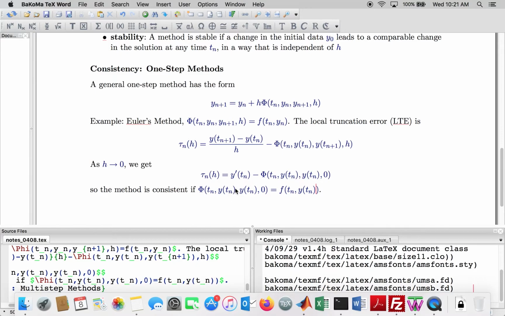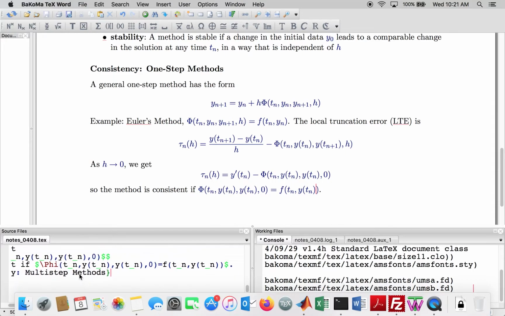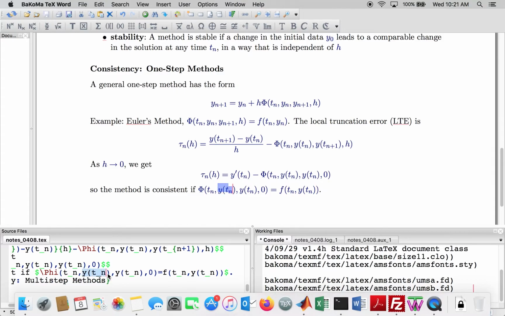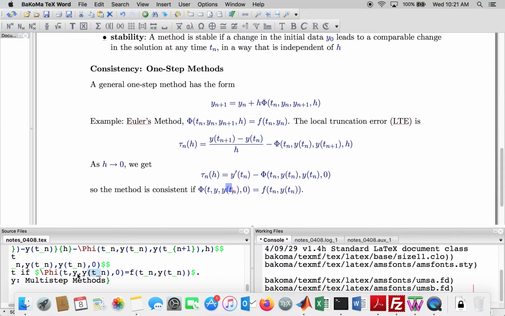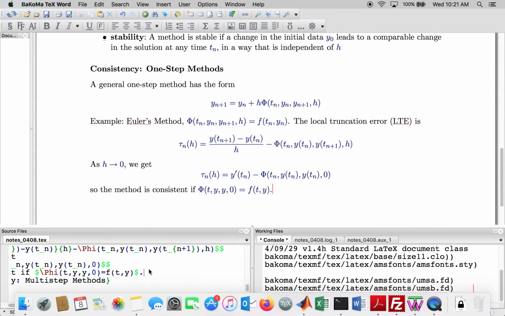All right. So really, I can be a little more general about this, since y could be anything based on the initial data. So to simplify the definition a little bit, if I just substitute in any t and any y, then that'll work. So this is all you have to do to show that the method is consistent. Wherever y n plus 1 is involved in the method, substitute y n.